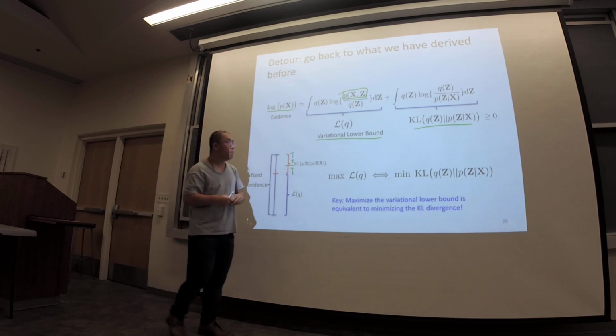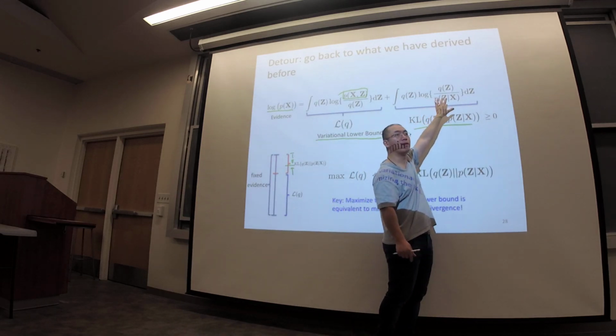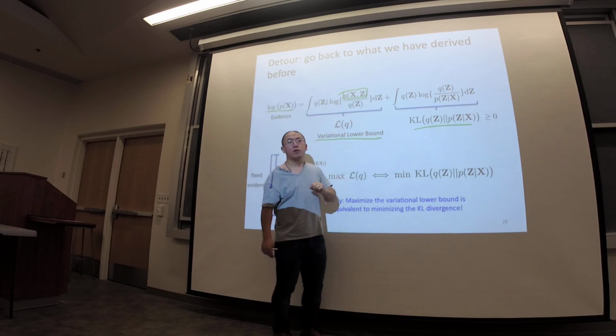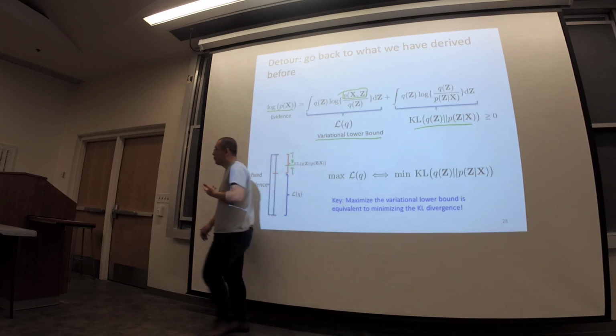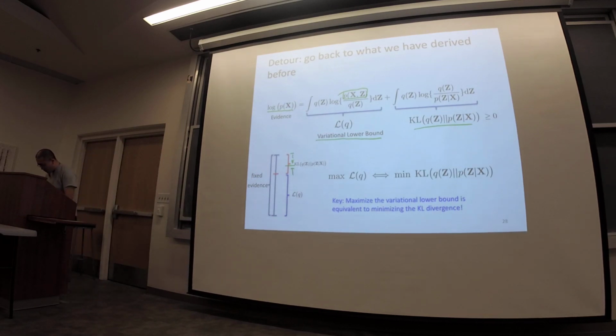The true barrier is how we do the normalization to obtain the true posterior, but it's never hard to compute the joint probability. So this is the key idea of variational inference: we maximize the variational lower bound, which is equivalent to minimizing the KL divergence.